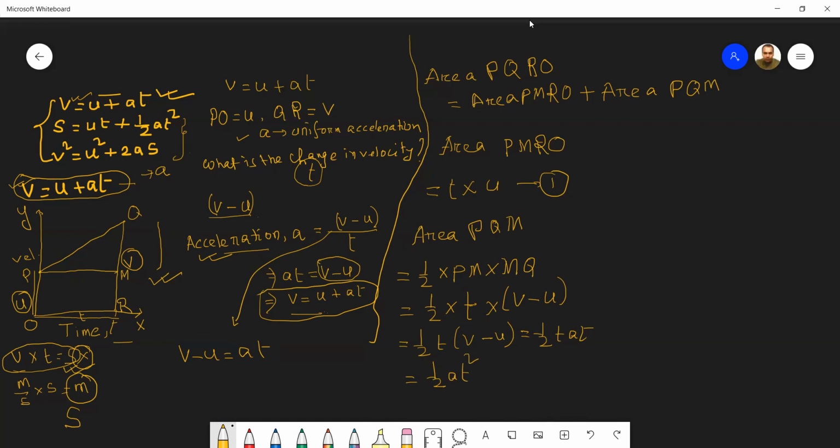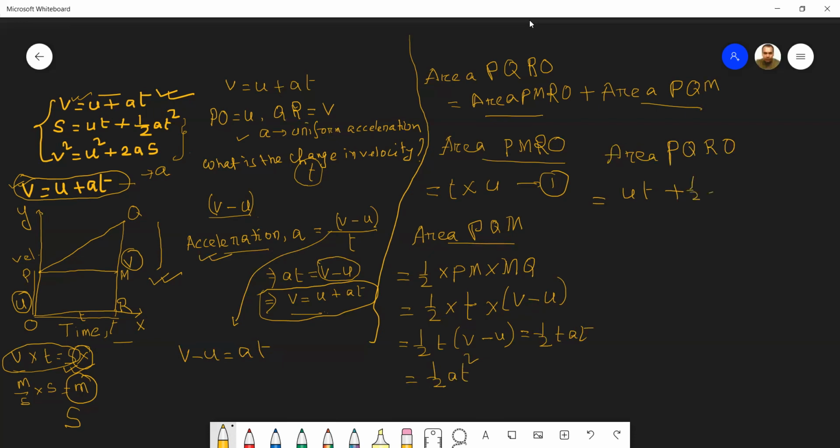So basically we have calculated both areas, area PMRO and area PQM. So what is the total area then? Total area is nothing but the distance. So area PQRO is equal to area PMRO, which is UT, plus the area PQM, which is half AT square.